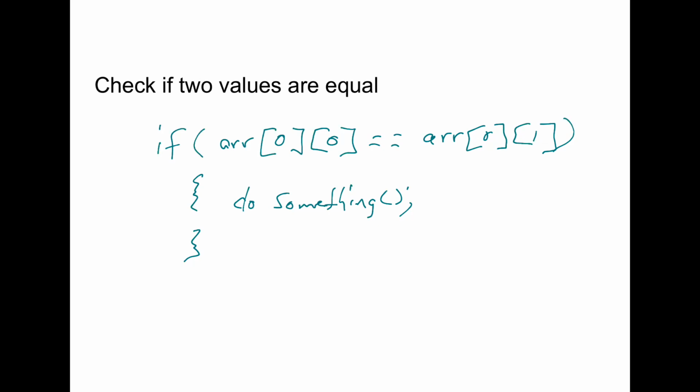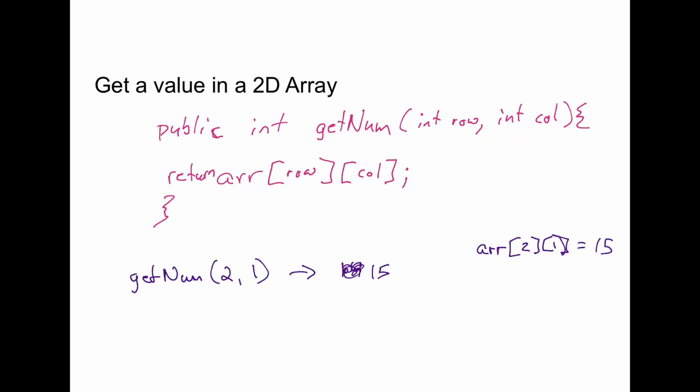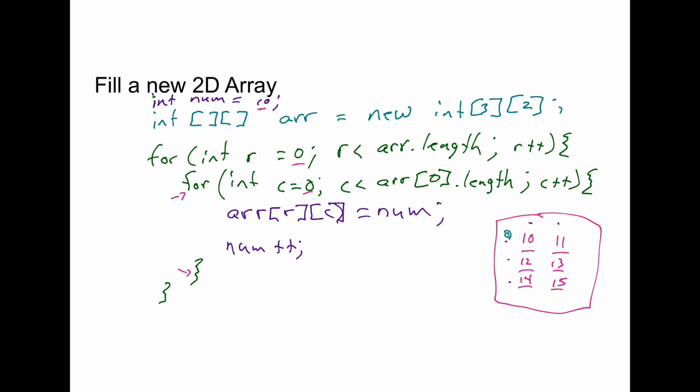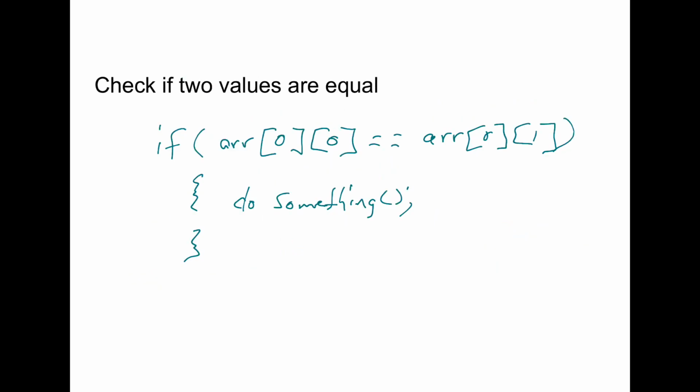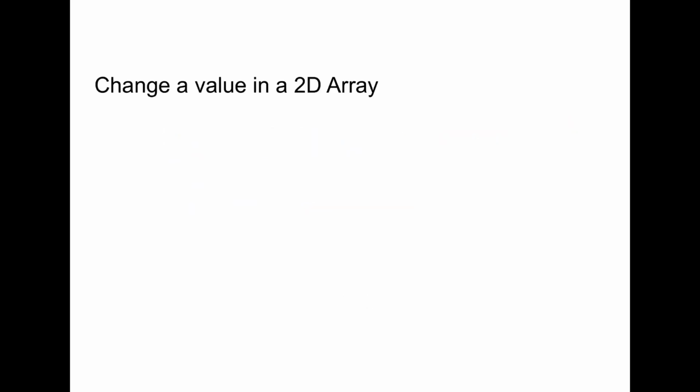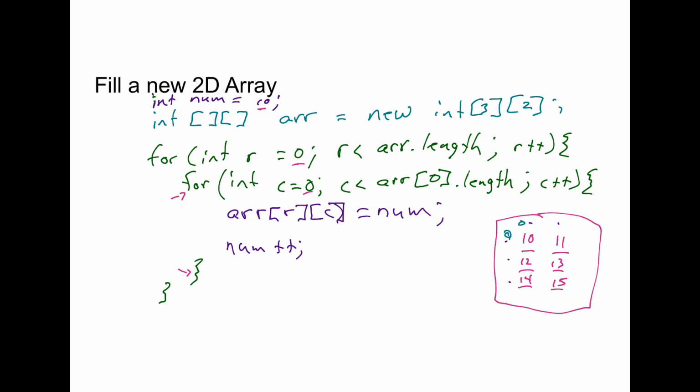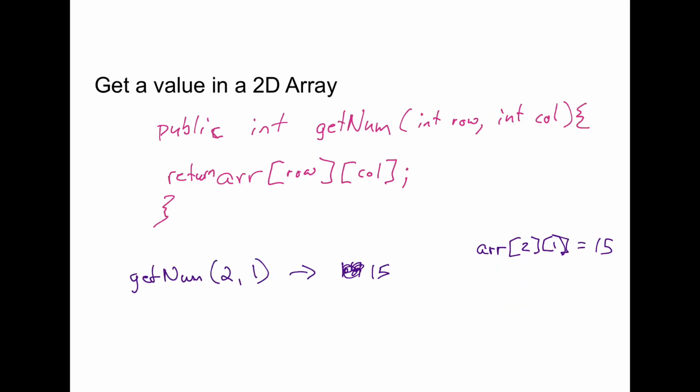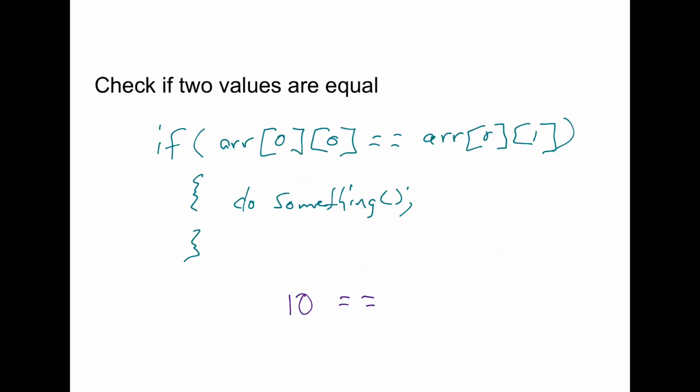So what this is doing is it's checking, hey, is array at 0, 0, which back in here, 0, 0 would be the number 10. So it's saying, is 10 equal to 0, 1, which when I come back here, 0, 1 would be still row 0, but now we have column 1, which would be 11. So is 10 equal to 11? Okay, and then we would obviously do something if it is, or if it's not, then we don't do something. So that's just checking to see if two values are equal.